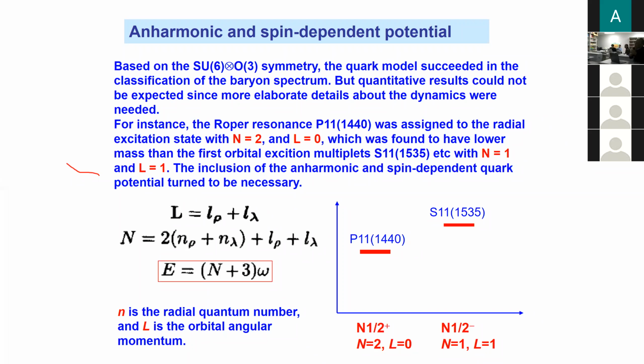They have shown that when you extrapolate the state to the chiral symmetry limit, the mass ordering, the energy ordering will reverse. If you stay at a relatively higher pion mass, you still see the normal ordering, that the P11 is heavier than S11. But when you go to the lower pion mass limit, you start to see this sort of reversing. And they claim this is a manifestation of chiral symmetry breaking in the light sector. So that's one of the possibilities.